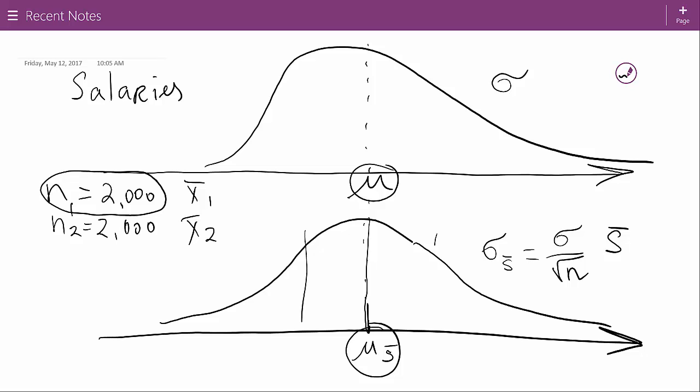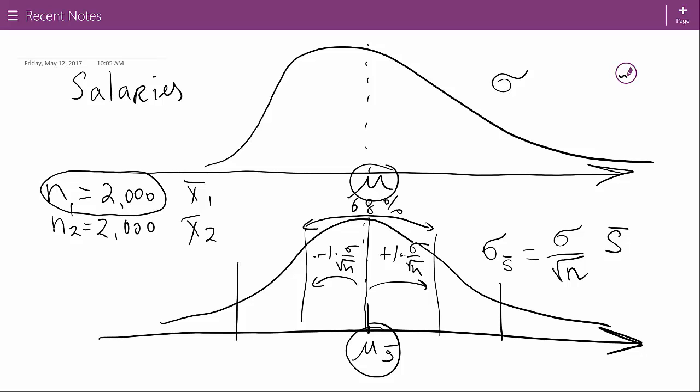So I go to the right, plus 1 times sigma over square root of n, and also minus 1 times sigma over square root of n. Inside these boundaries, what's going to be the percentage of all points? Plus minus 1? 68%, right? 68%.